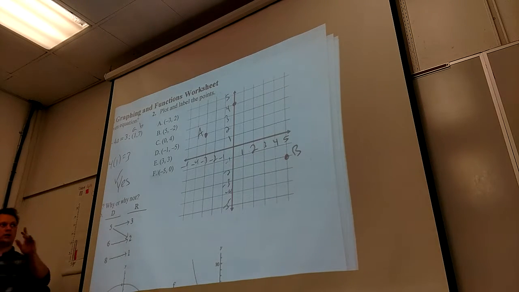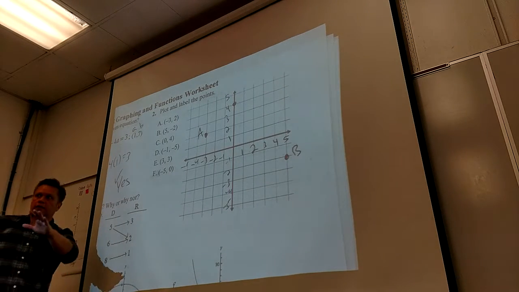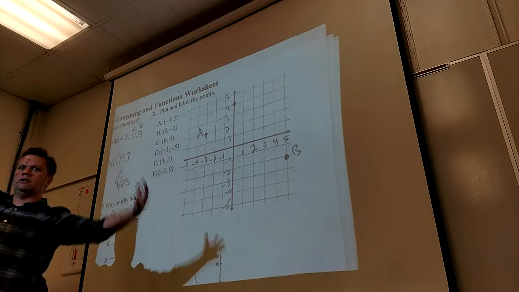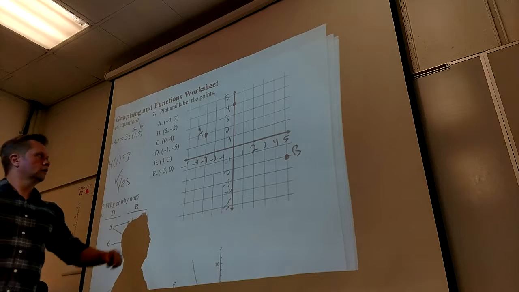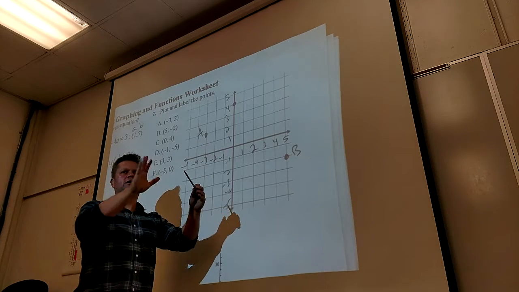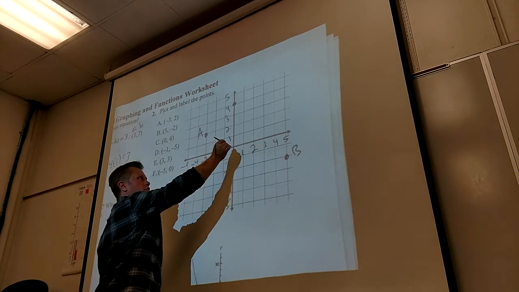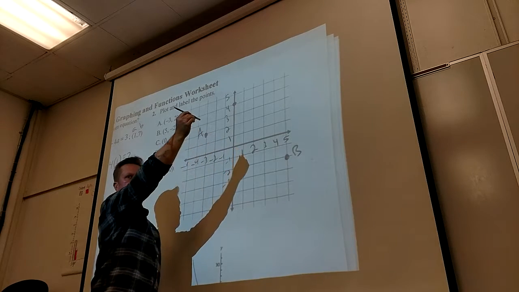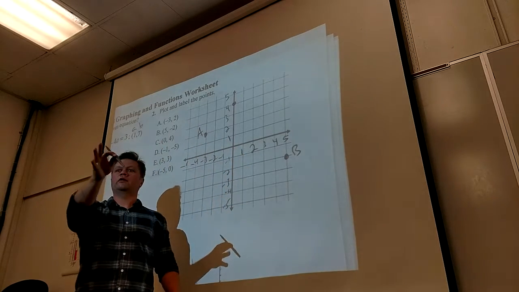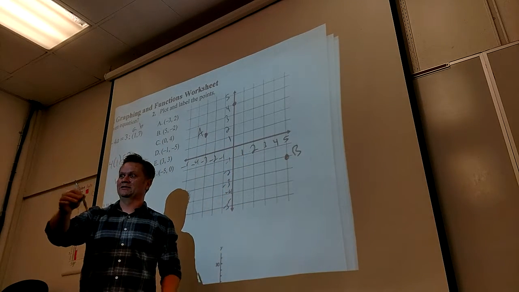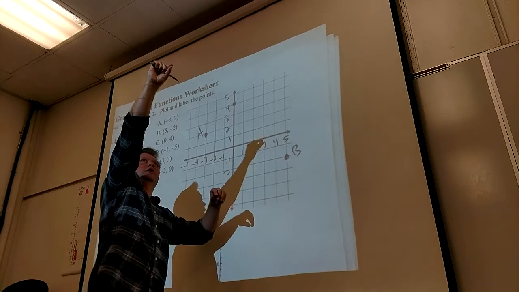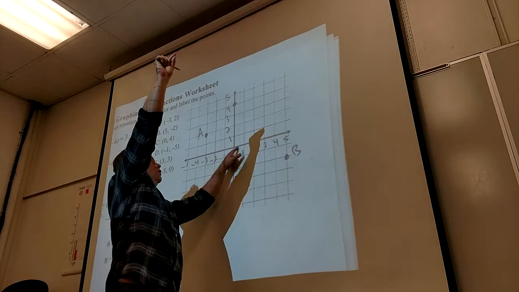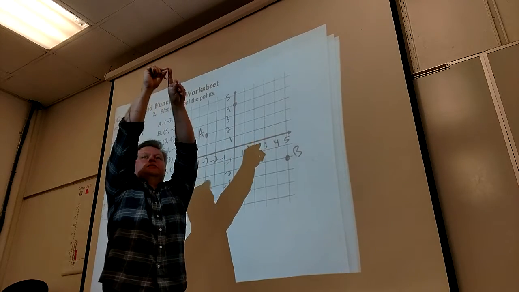Now, just to blow your mind a little bit, in real life, hopefully you realize we live in 3D. Thank God. We're not going to do this, but there would be a third axis coming straight out. That would be, incredibly enough, the z-axis. X, Y, and Z. So if I wanted to find a point like this, it could be over there, up there, and then out this much.